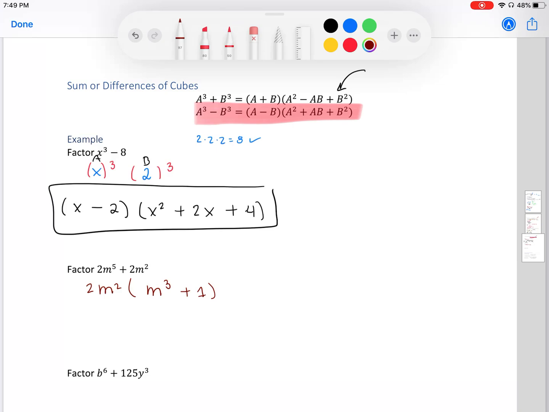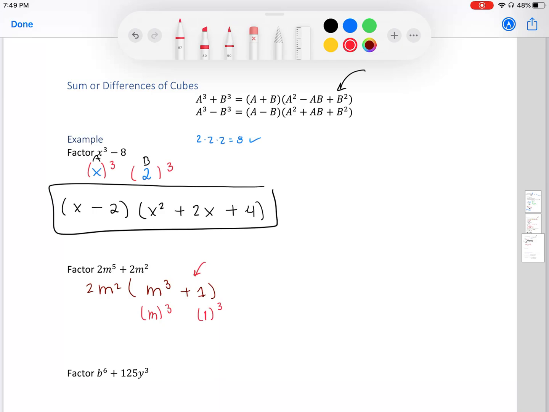And while we might feel that this is fully factored, we should recognize that we have a cubic situation. One raised to the 3rd power is 1, and m raised to the 3rd power is m cubed.